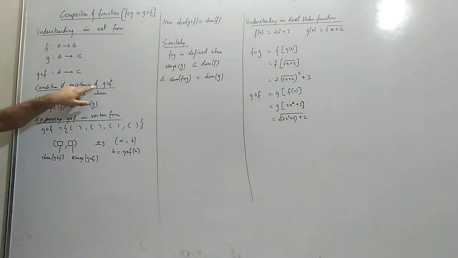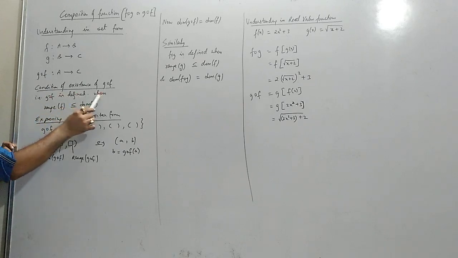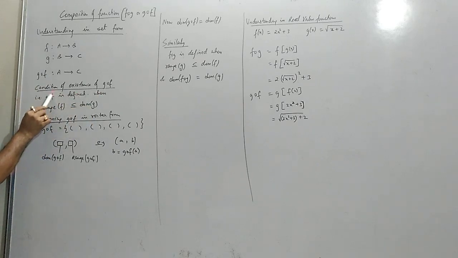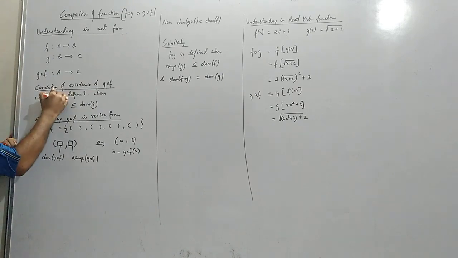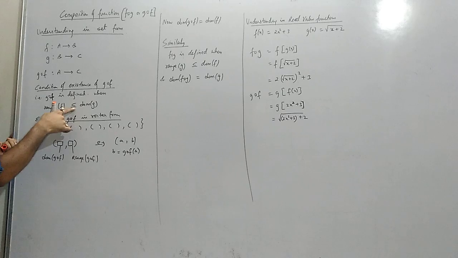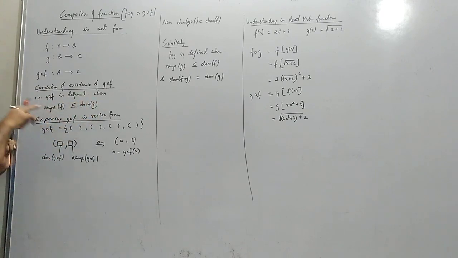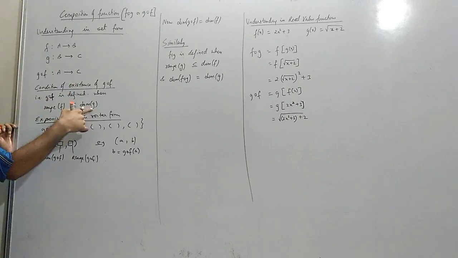The condition of existence of GOF: GOF is defined when the range of the last one is a subset of the first one's domain. In GOF, F is at the end, so the range of F is a subset of the domain of the first one, which is G. You have to remember it like this. Don't read it the other way.